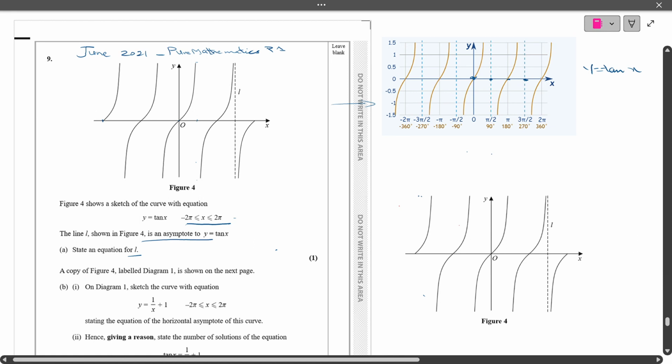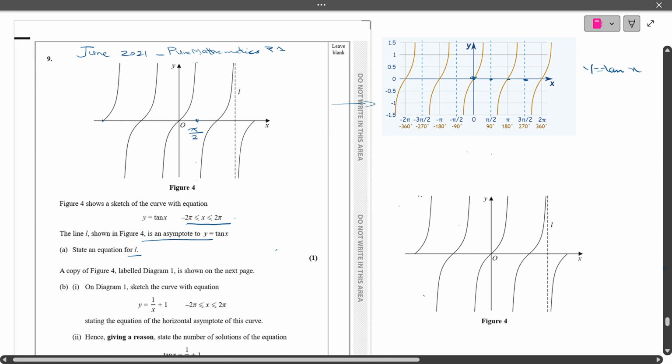Let's look at figure 4 from paper June 2021, question number 9. Here is 0 and here is 90, and at this point I have an asymptote. The interval is given in radians, so let's talk about all the angles in radians.